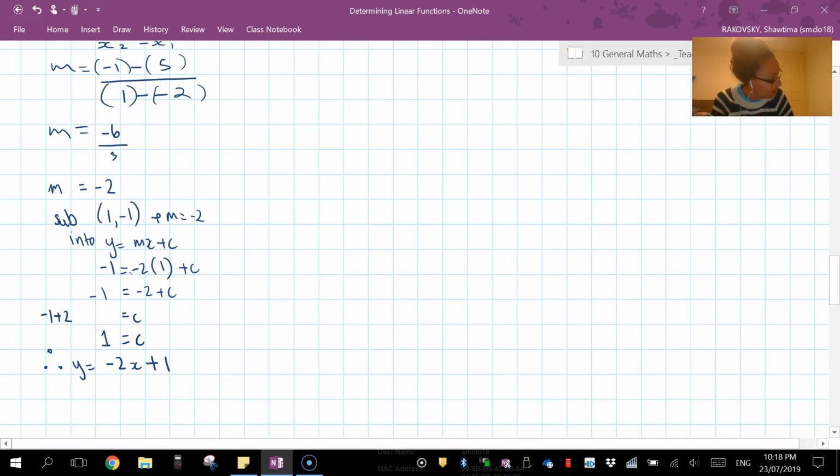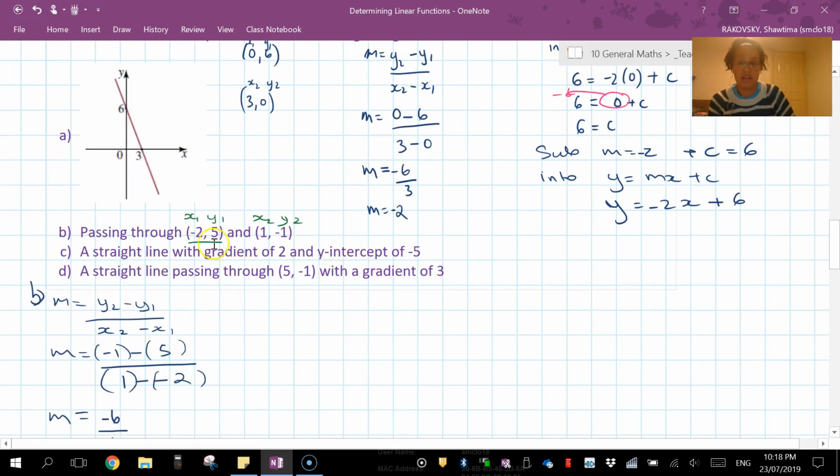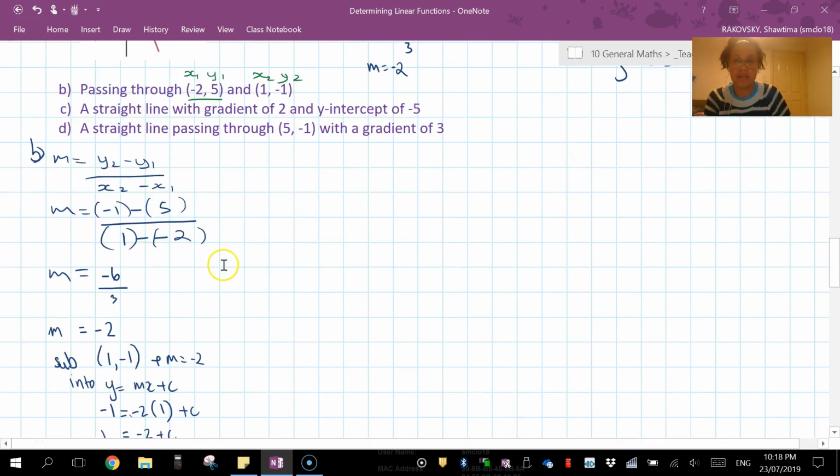And then what you need to do with c is you've been given a gradient and the intercept. So I'm just going to draw that in black. Okay, so with C, your m value is 2, it's a positive, and your y-intercept c is -5.